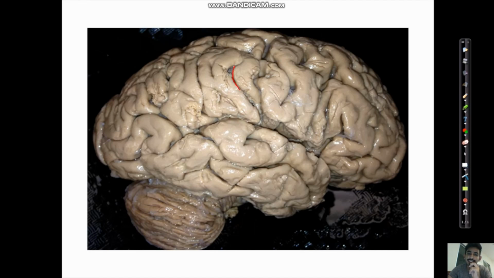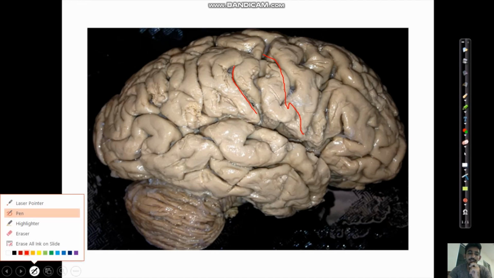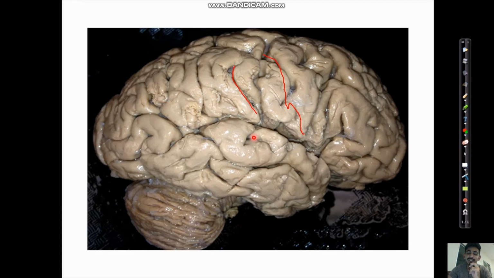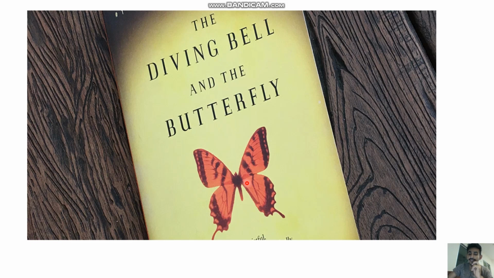All these bumps and valleys you can see here are the cerebral cortex. So information has to come from the spinal cord up to the brainstem, then to the forebrain, and even to the cerebral cortex to be perceived.